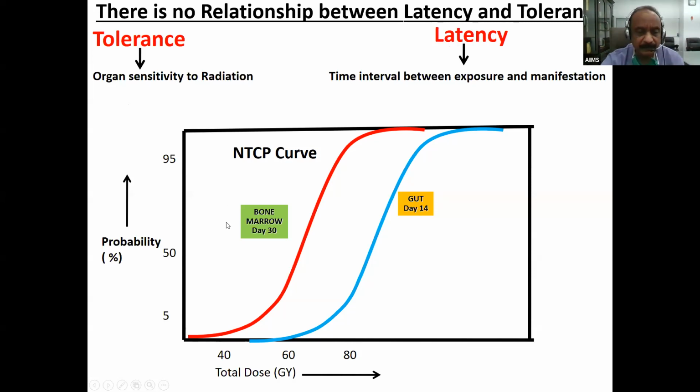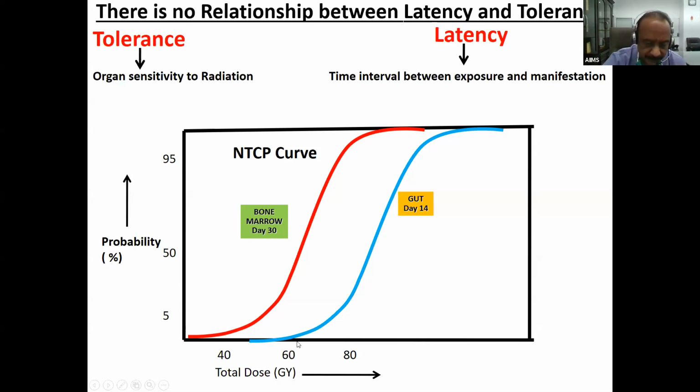To make my point clearer, I am showing you the normal tissue complication probability curves of two organs, bone marrow and the gut. NTCP I will discuss in my subsequent module. Here at this point, you just remember that the more the curve is on the left-hand side, the more sensitive it is to radiation. So if I ask you which of these two organs is more sensitive, naturally it is the bone marrow.